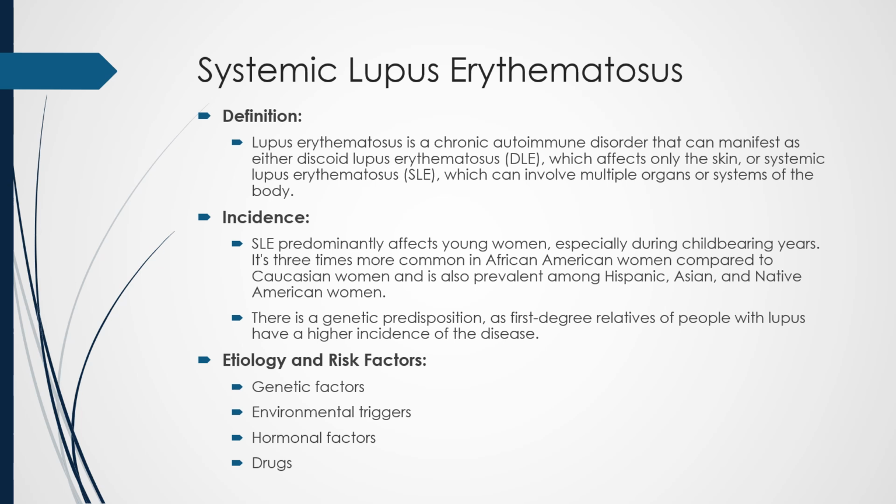Systemic lupus erythematosus. Lupus erythematosus is a chronic autoimmune disorder that can manifest as either discoid lupus erythematosus, which affects only the skin, or systemic lupus erythematosus, which can involve multiple organs or systems of the body. Latent lupus does not meet the full criteria for diagnosis.